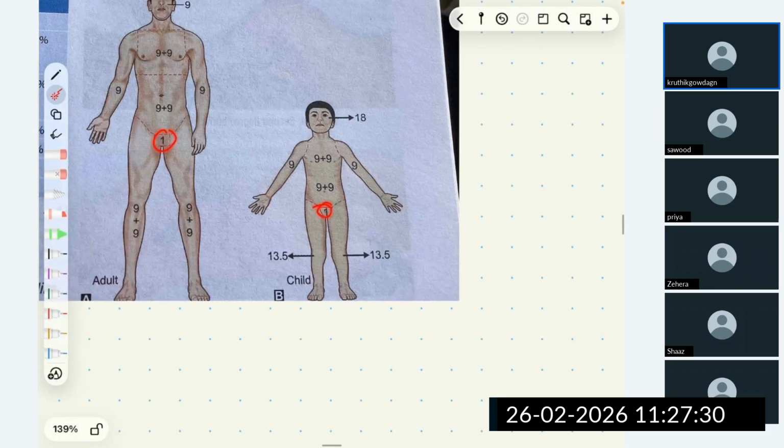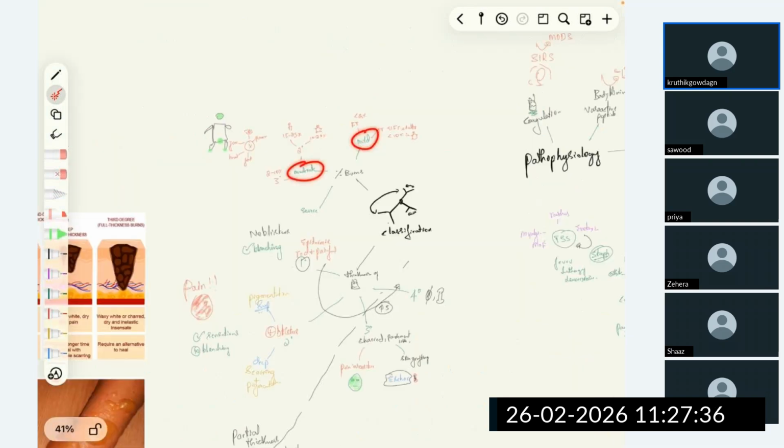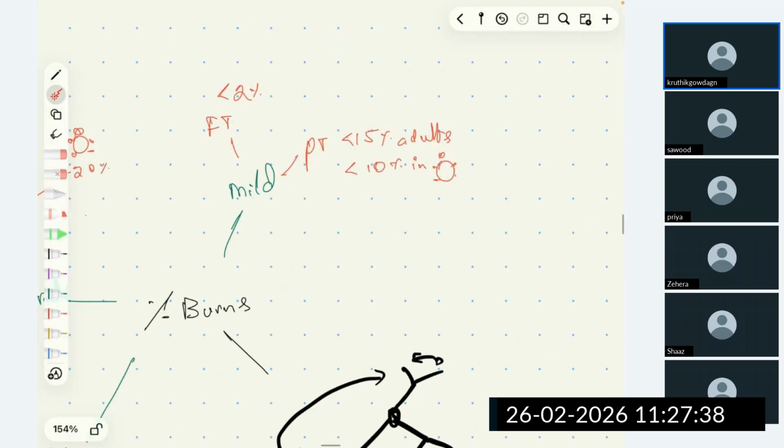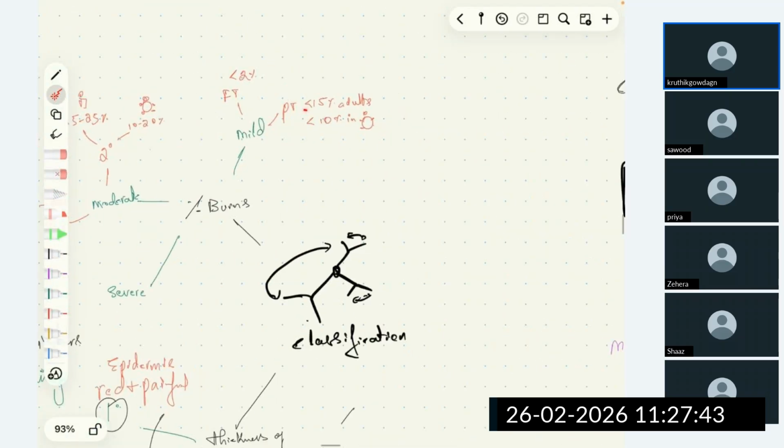Based on percentage of burn, the burn is classified into mild, moderate and severe burn. Mild burn: in case of partial thickness, if adults have less than 15% burn, and if children have less than 10% partial thickness burn, that is first and second degree burns, it's considered mild burn.